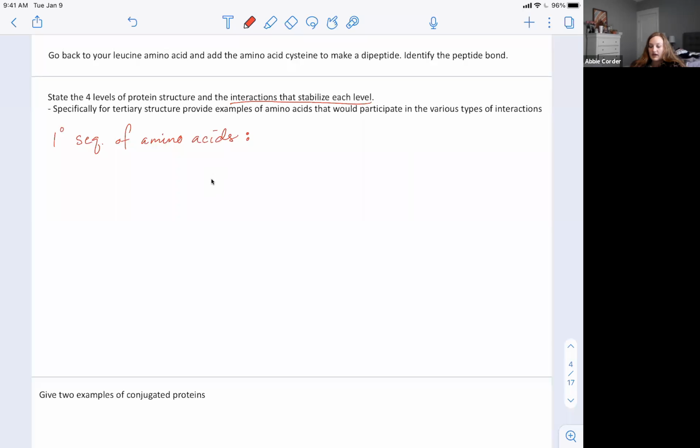Is the next level where we have like the beta sheet? Alpha helices, beta sheets, we'll start to see those because of the interactions that stabilize secondary structure. But what do we call it? Well, I just said it. Secondary structure. So we got primary, then we got secondary.